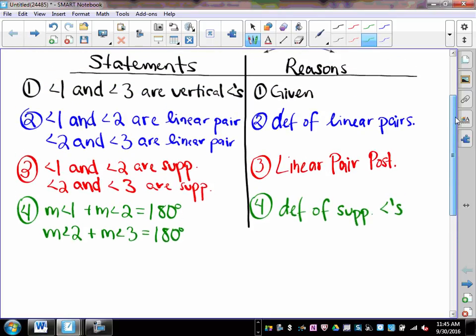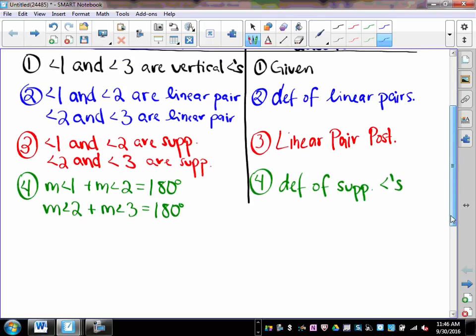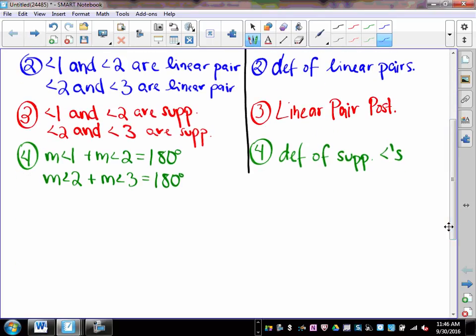Okay, so we somehow need to get 1 and 3 in the same statement, right? In the same equation. So what do you think we can do? Elise? The measure of angle 1 plus the measure of angle 2 equals the measure of angle 2 plus the measure of angle 3. Very good. How do you know that's true? Because they both equal 180, so if they're both equal to the same thing, then they must equal each other.